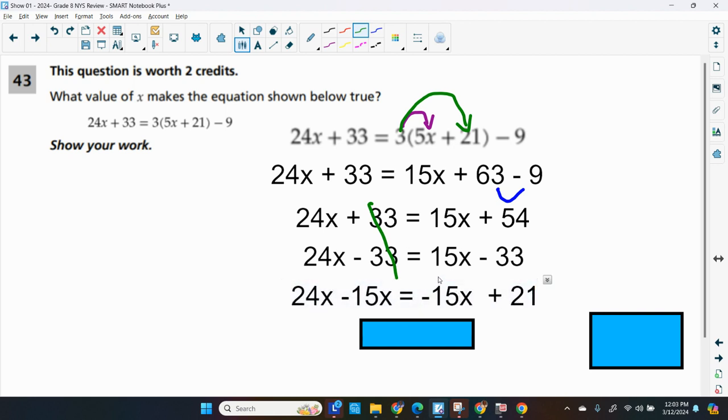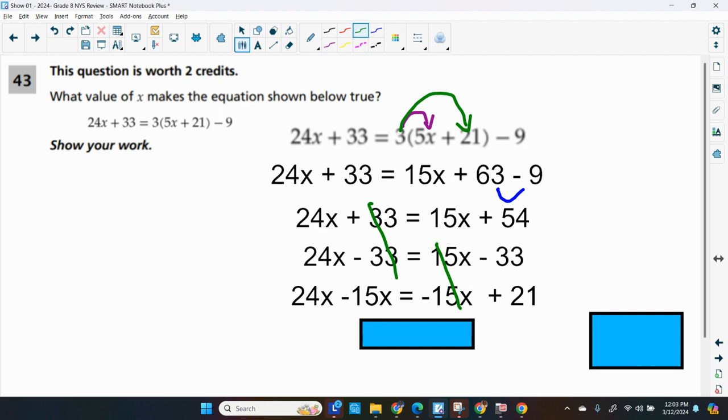So I have the 15x and now I have a 21, but I need to get that 15x to the other side. So what I'm going to do is subtract 15x from both sides. And over on this side, I'm going to have 24x minus 15x because the 15x canceled out.